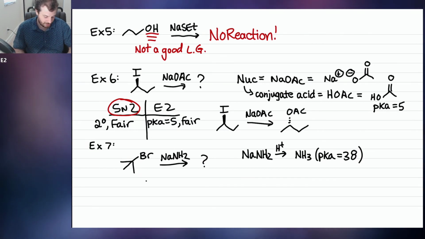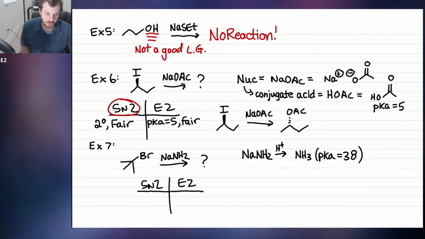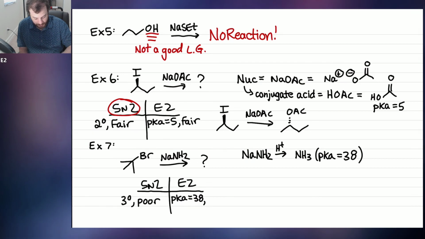Okay, so now we can do our table. SN2, E2. For the SN2, this is a tertiary substrate, so poor. For the E2 column, the pKa of the conjugate acid is 38, which is very high, which means NaNH2 is a very strong base. So this is going to be good, greater than 16. So E2 is our winner.